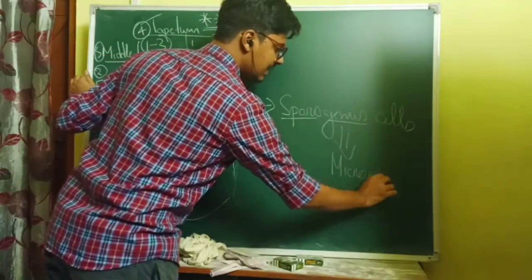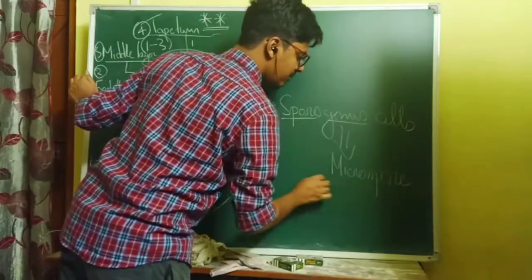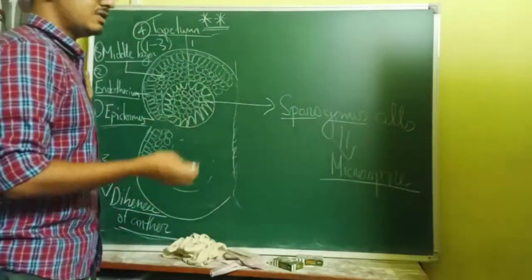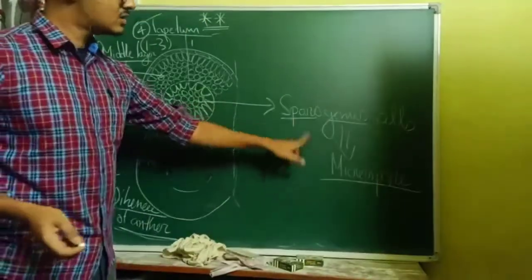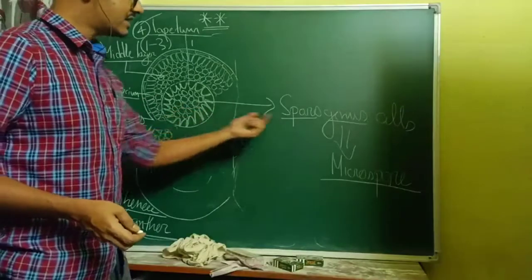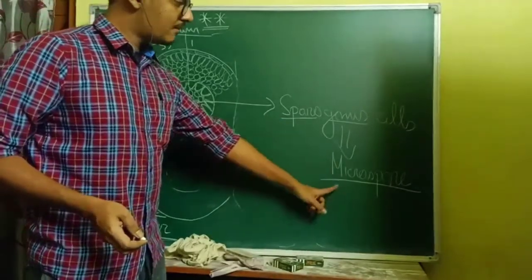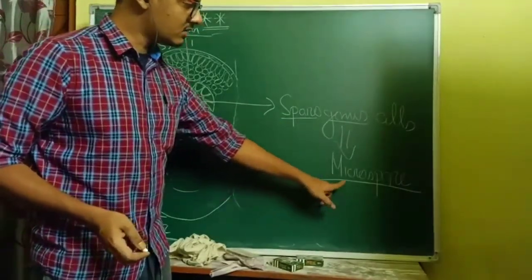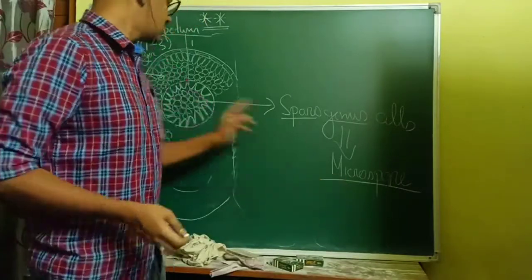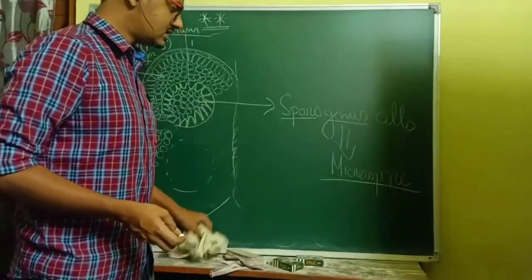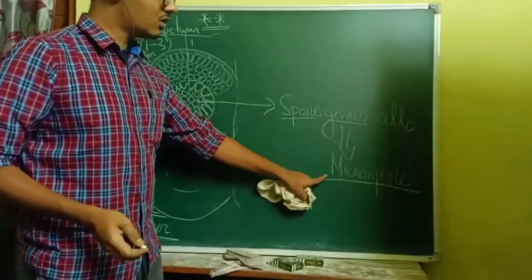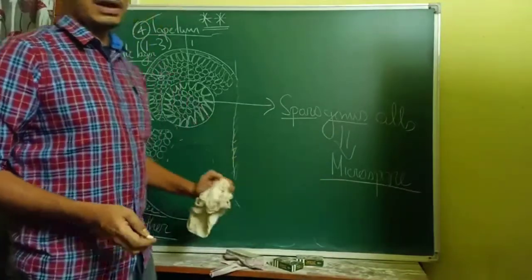Microspore is nothing but our pollen grain, right? That is our male gamete. So this cell mass is called the sporogenous cell mass, because later on it will give rise to microspore. After some time, we will start calling it microspore.